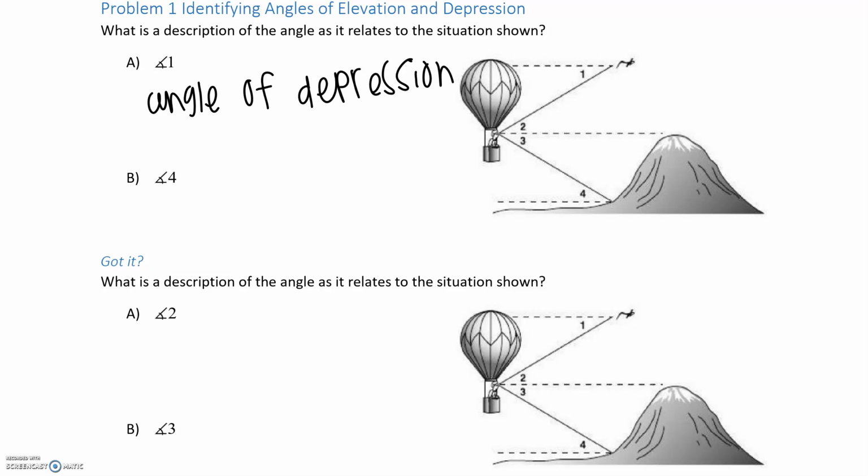And if we're looking at angle 4, the sight line is at the base of this mountain. If there's a person at the bottom of this mountain, they're looking up at this person in the hot air balloon, which means it is an angle of elevation.